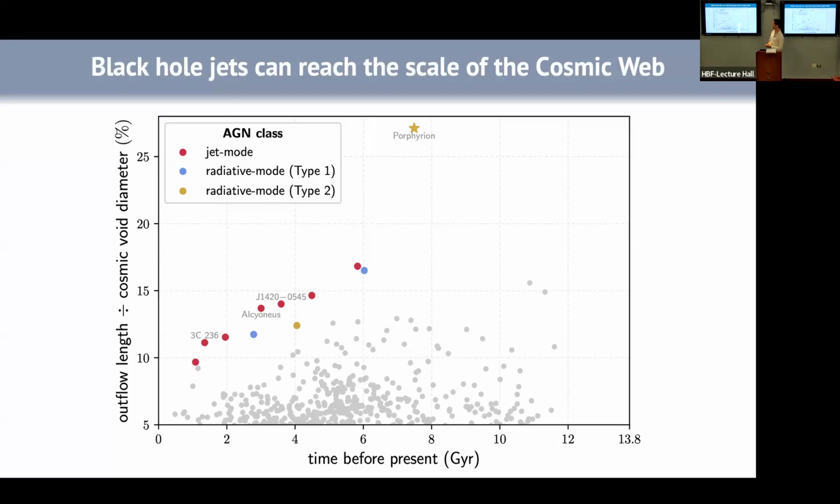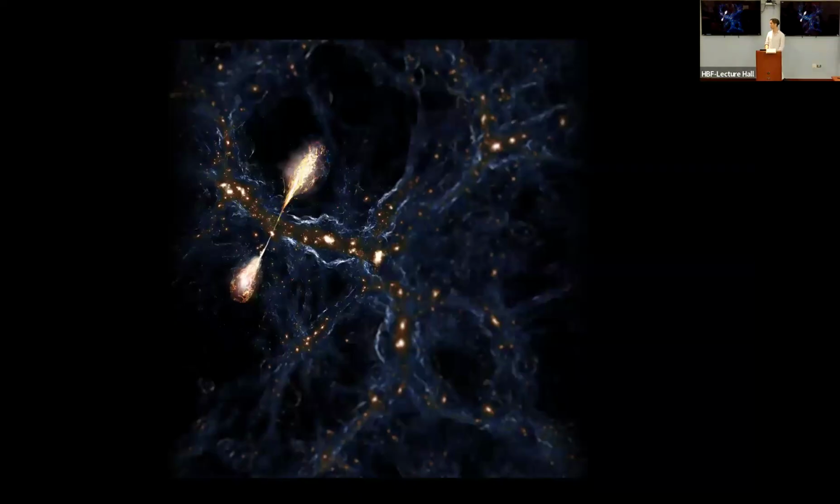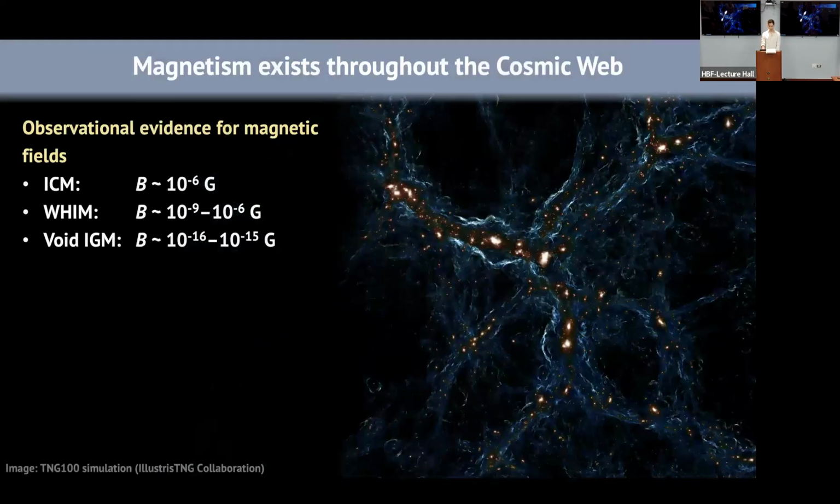And that prompted us to question whether the jets then reach voids and drop such huge amounts of magnetic energy there, and could potentially cause the magnetization of voids, since that's about 90% of the universe. So this is our artist impression picture of that. You have a galaxy that lies in a filament, but then the jets would stick out of that filament.